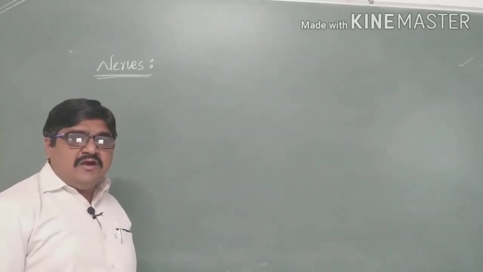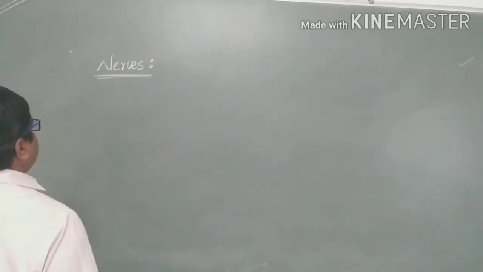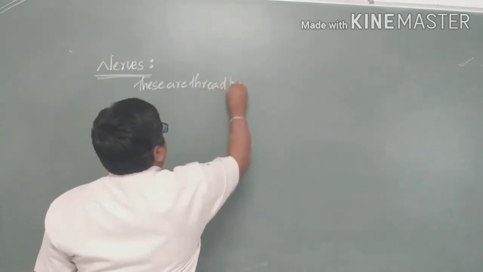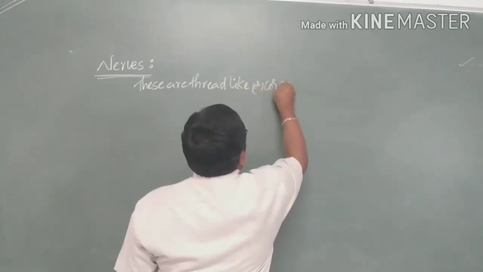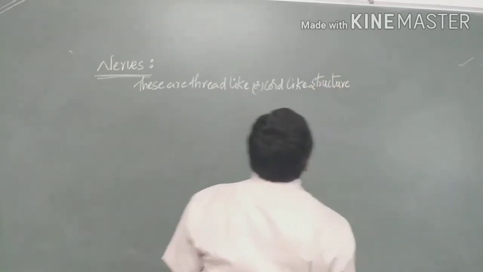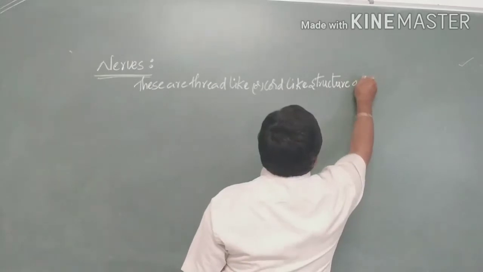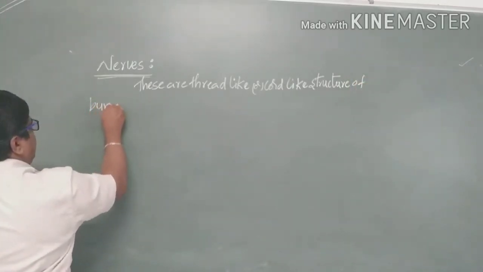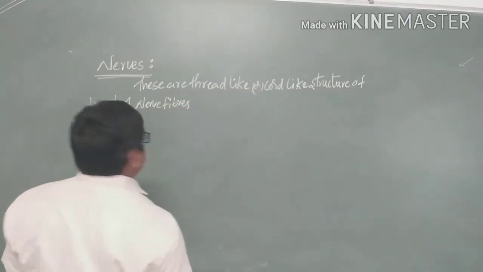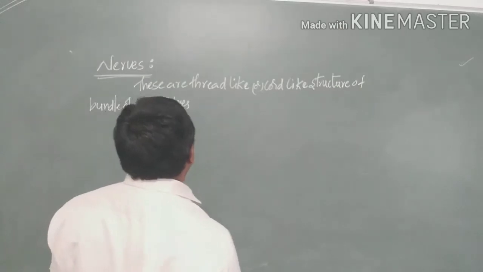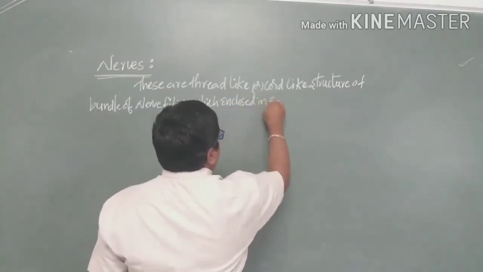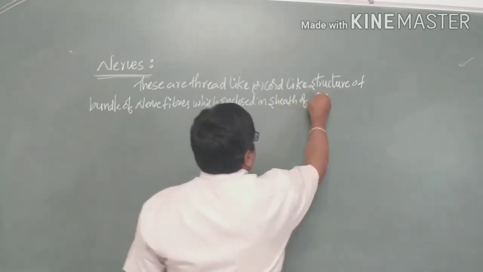They are thread-like or cord-like structures, a bundle of nerve fibers enclosed in a sheath of connective tissues.